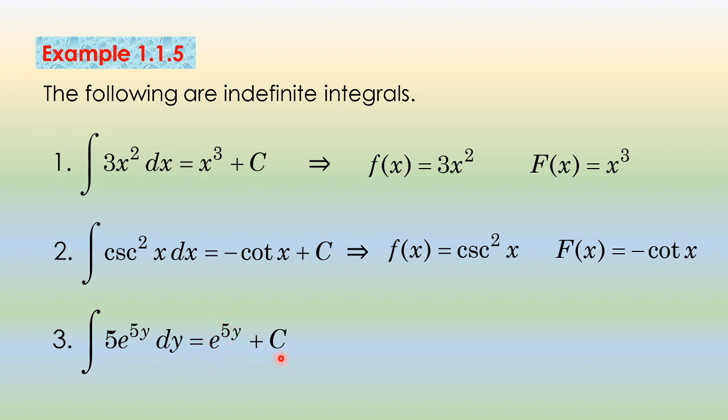If I take the derivative of this, we have 5 e to the 5y. Here, small f of y is equal to 5 e to the 5y, the integrand. Capital F of y is equal to e to the 5y. Taking the derivative of this, we get 5 e to the 5y.